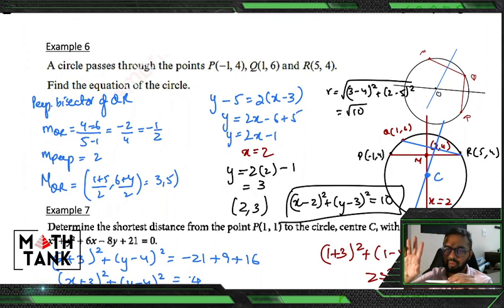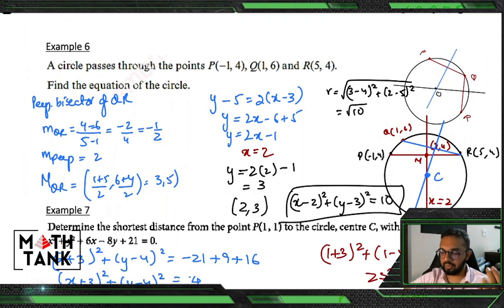So always think about the center first. The radius is easy, it's just calculating distances. So remember this idea that I'm telling you now, that the perpendicular bisectors of chords will always pass through the center of the circle.